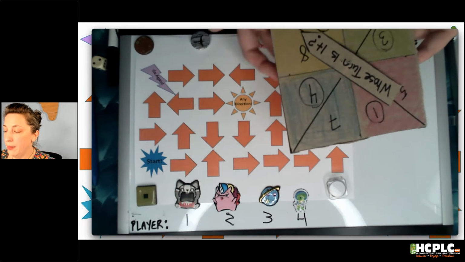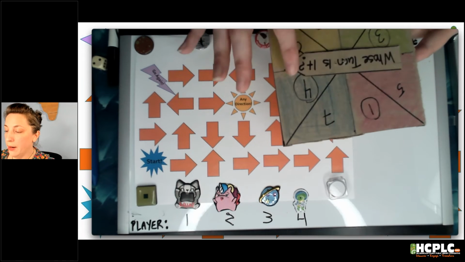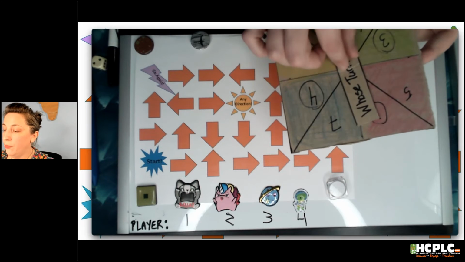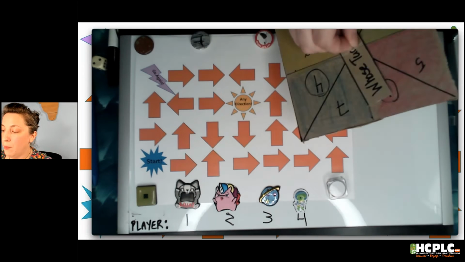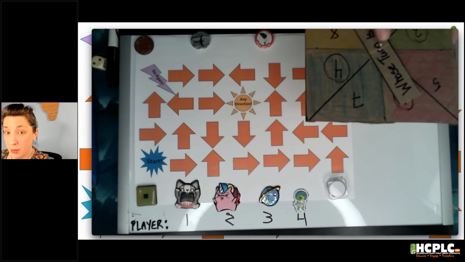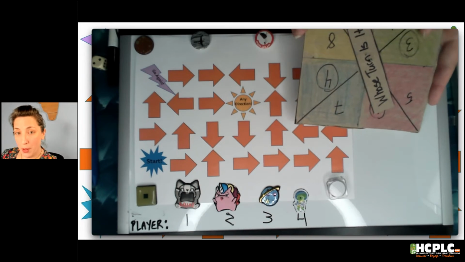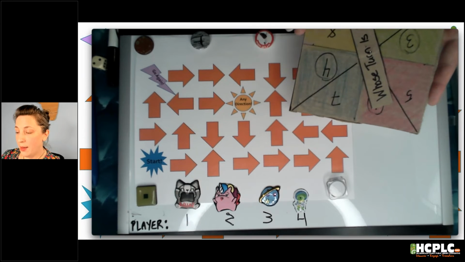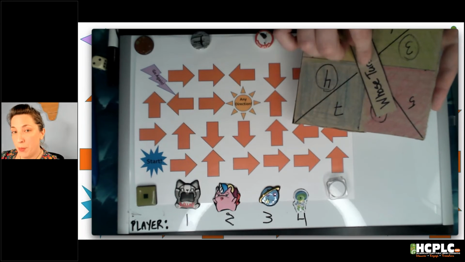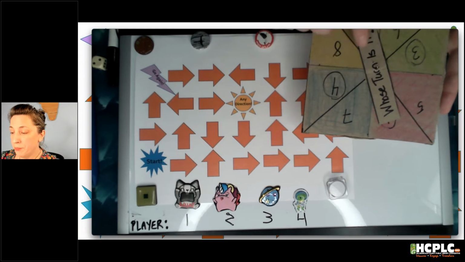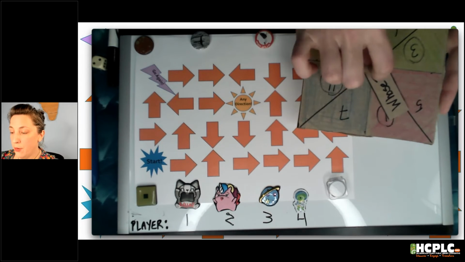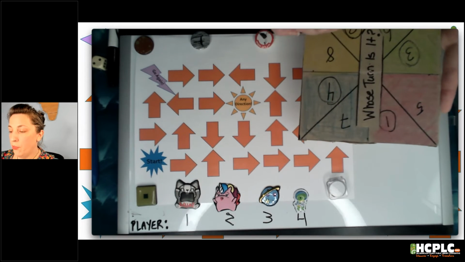And to figure out whose turn it is, you need a little arrow to spin it. Well, all I did was I took a paper clip and I poked the paper clip carefully through. If you're someone who might be a little bit on the smaller side, make sure you have a grown-up with you to help you poke that through so you don't poke your fingers. But you just poke it through and turn the end over so that it's still able to spin.